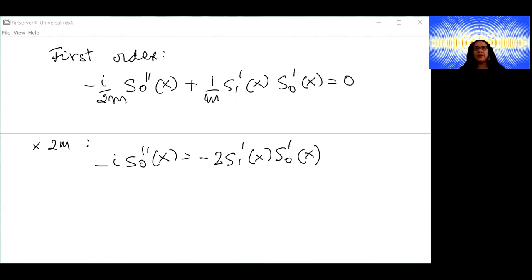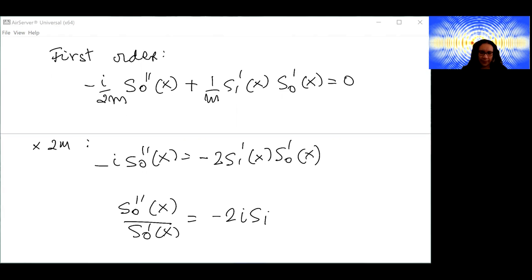Now, we can write this as, if we get rid of this minus and we put the -1, when we put the i to the right hand side, we can write this as S0' minus 2i S1'.